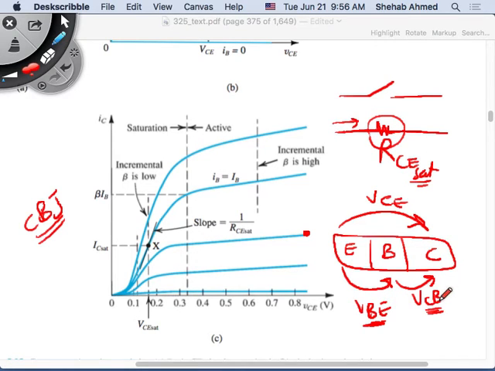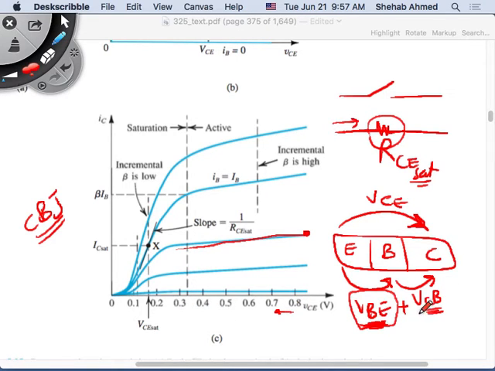It means that VCB is decreasing. One of these curves means a fixed value of VBE, and VBE plus VCB is VCE. If VBE is fixed and VCE decreases, then VCB is decreasing.